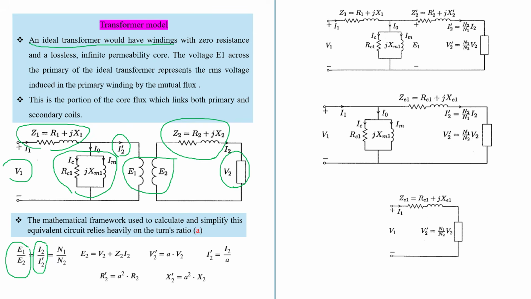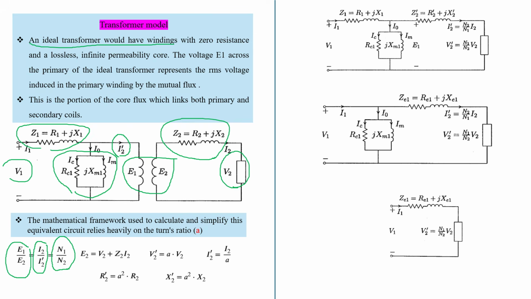This is the secondary current referred to the primary side. By simply applying this relation, it is equal to N1 by N2. This is a simple transformer equation. The transformer has these components: primary winding, core, then secondary winding. So we can apply this circuit.